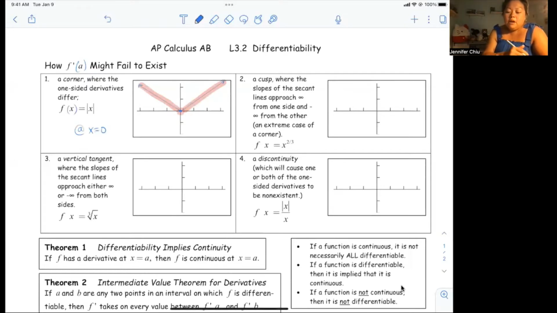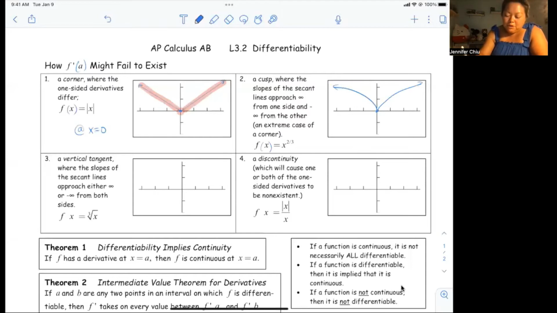A second type is called a cusp. It says the slope of a secant line approaching infinity from one side and negative infinity from the other side, an extreme case of a corner. So what does it look like? We use this example of x to the 2/3. Your graph looks something like a square root function and its mirror image, right?